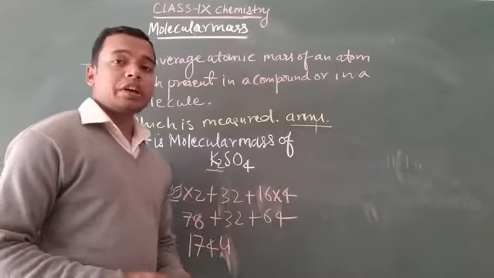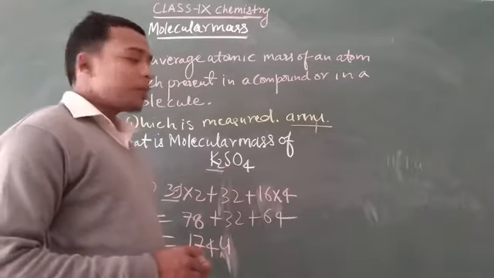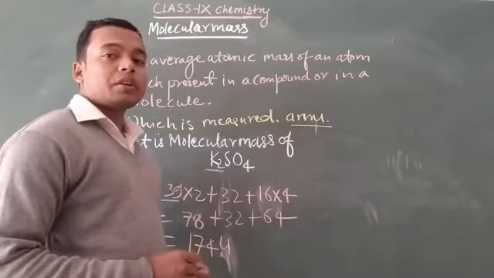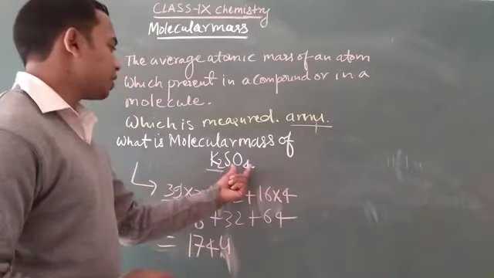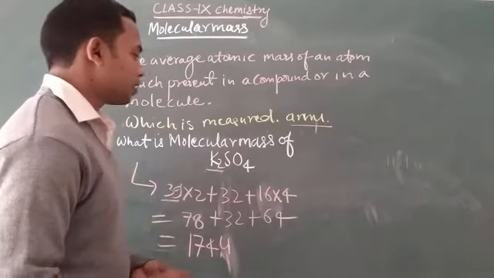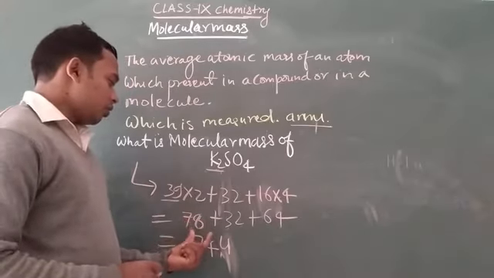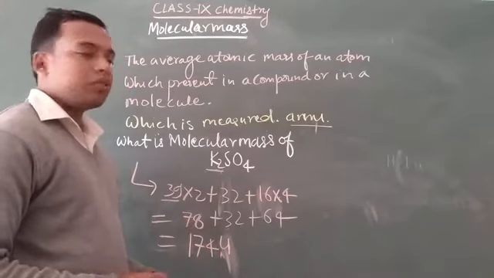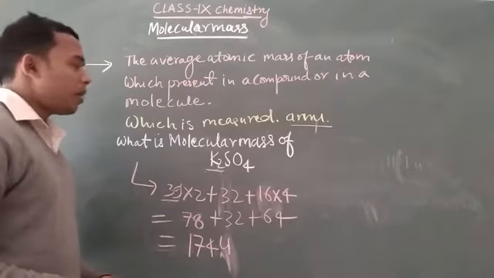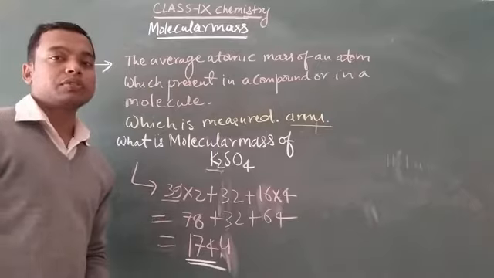The atomic mass of one oxygen atom is 16, and here 4 oxygen are given, so 16 is multiplied by 4, and after calculation we found the molecular mass of K2SO4, which is 174.